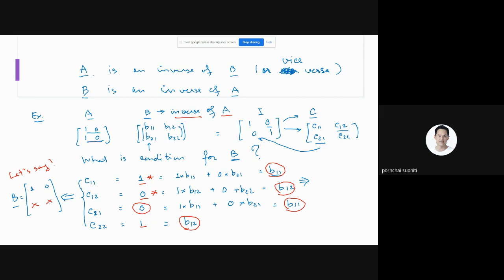Actually, this equation gives you conflicting ideas about the values of B11 here and B11 here. Also conflicting values for B12 here and B12 here.